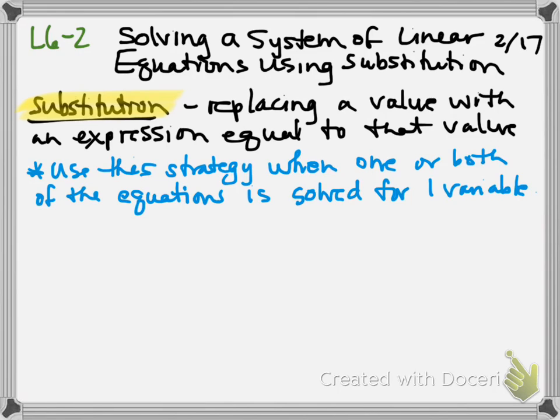Now, I can force this to happen by solving an equation for one variable, but already there's a better strategy that I can use in that case. So again, I'm going to use this strategy when one or both of the equations is solved for one variable.